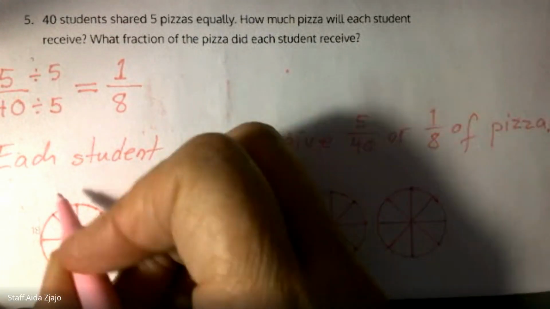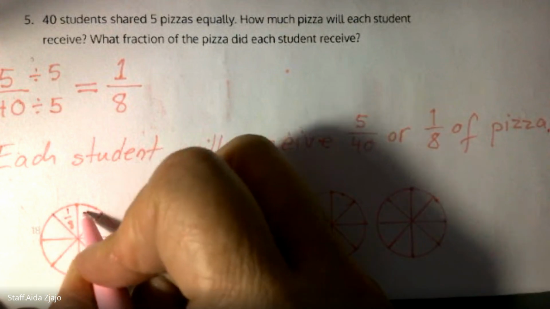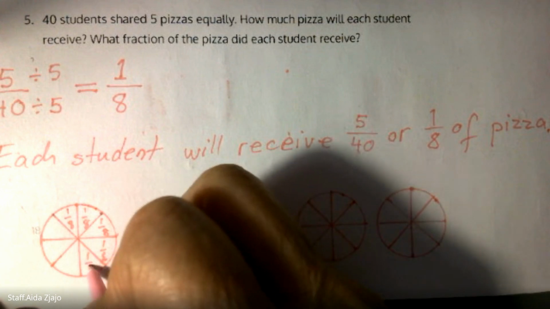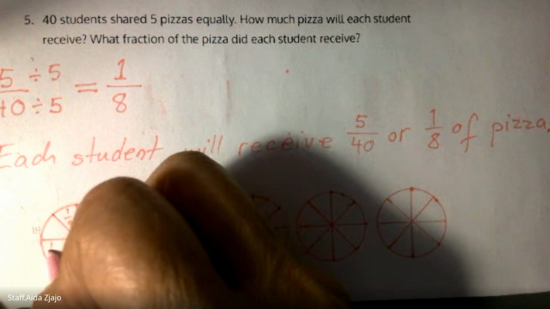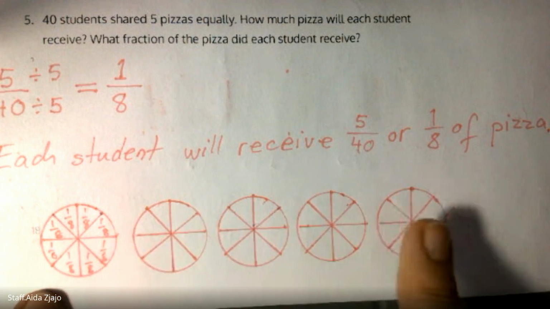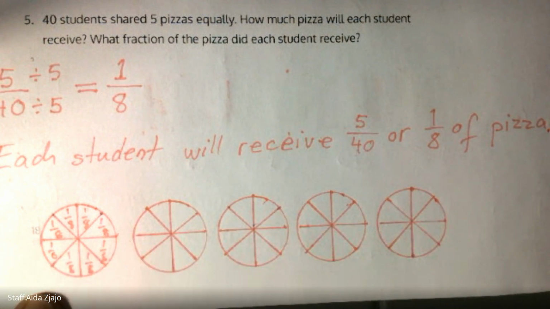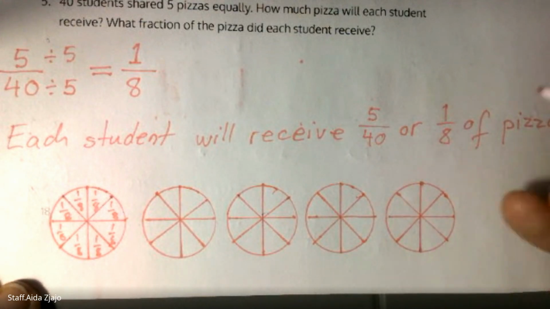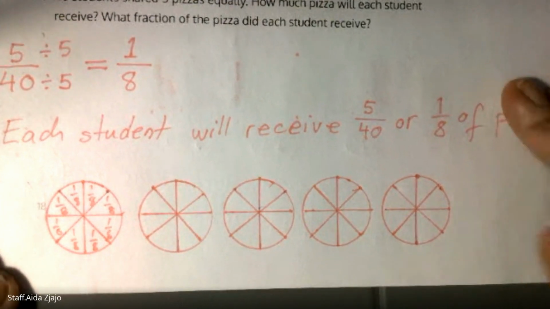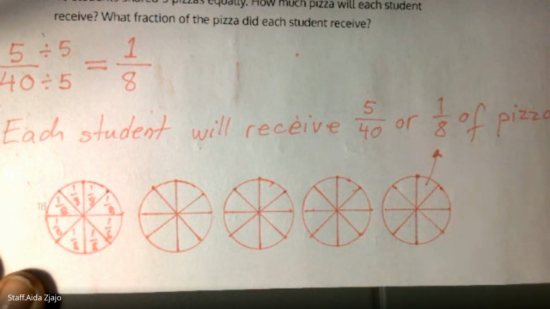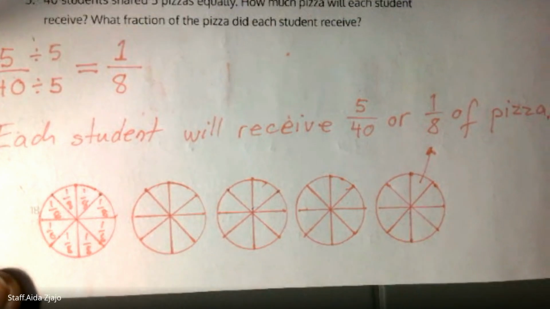Each student will get 1/8 of the pizza. You can serve 8 people from one pizza, and 1, 2, 3, 4, 5, so 5 times 8 equals 40 students. That's how we justified our answer, that each student will receive 1/8 of the pizza.